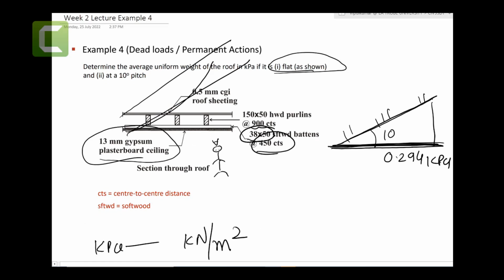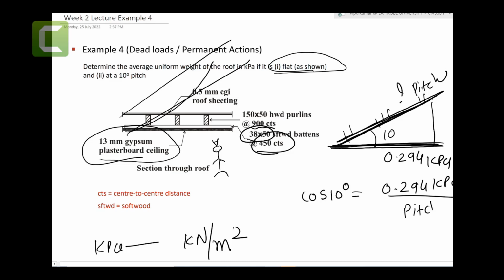Now I want to calculate this at an angle. So cos 10 degrees equals adjacent over, let's put this as pitch, a 10 degree pitch. So I want to calculate at 10 degree pitch. So pitch equals 0.294 over cos 10 degrees.